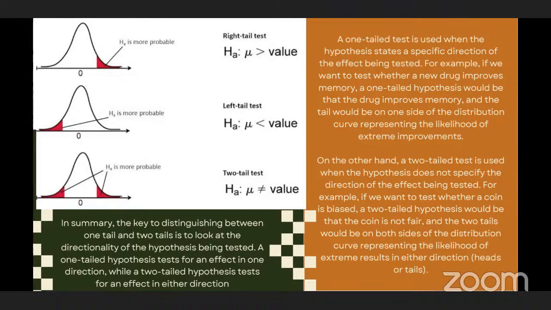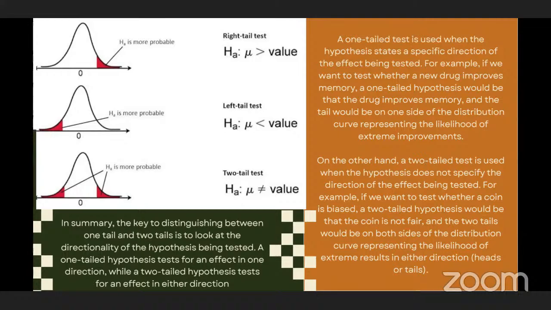On the other hand, a two tail test is used when the hypothesis does not specify the direction of the effect being tested. For example, if we want to test whether a coin is biased, a two tailed hypothesis will be that the coin is not fair, and the two tails will be on both sides of the distribution curve, representing the likelihood of extreme result in either direction, heads or tails.